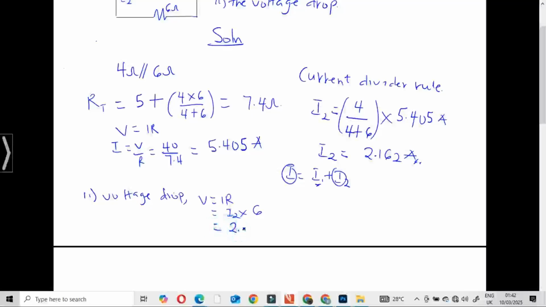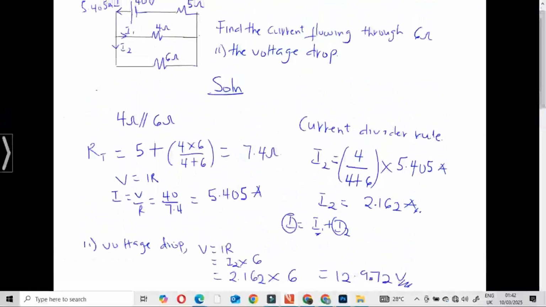So we have 2.162 times 6, and this gives us 12.972 volts. So this is the voltage drop across the 6 ohm resistor.